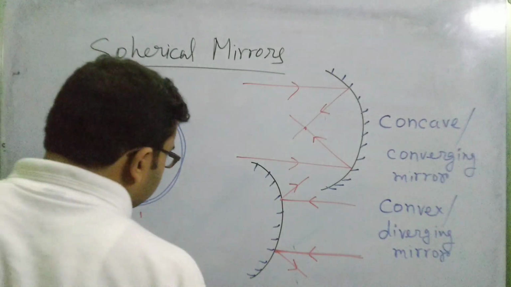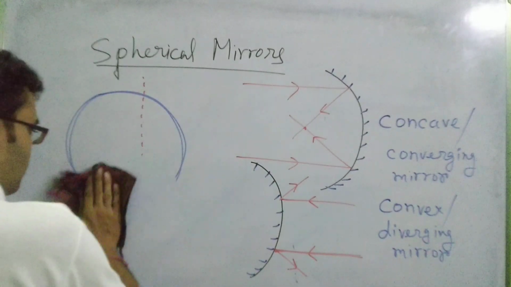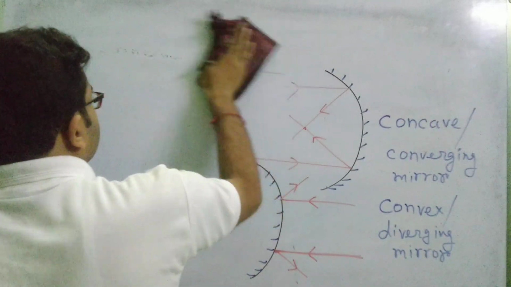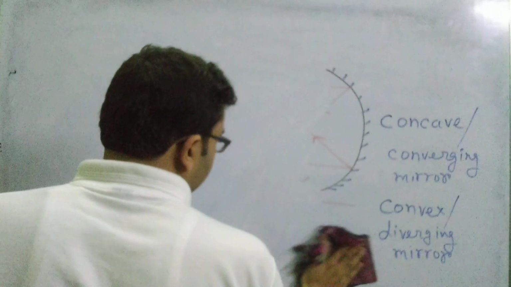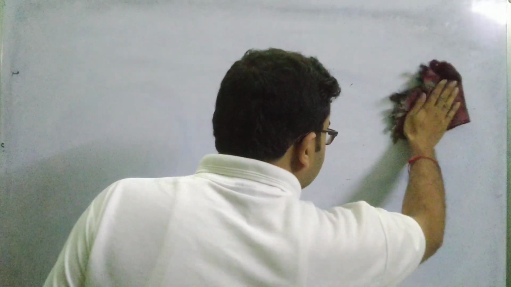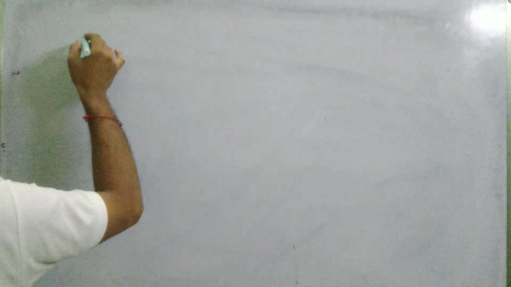Okay, so I think the spherical mirror is clear. Now, we will be discussing some terms related to this spherical mirror. Let us see what those terms are. First term that we are going to discuss is the radius of spherical mirror or the radius of curvature.